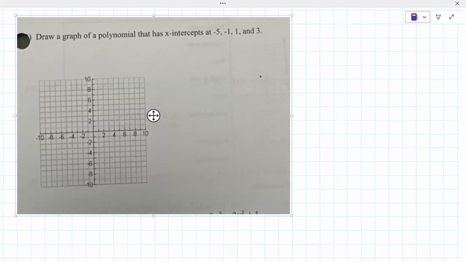So you want to put a dot there, like at -5, -1, 1, and 3. And there's actually a lot of options from here. This is actually a pretty nice problem. You can do a lot of things. You either have to start high and end high, or start low and end low.